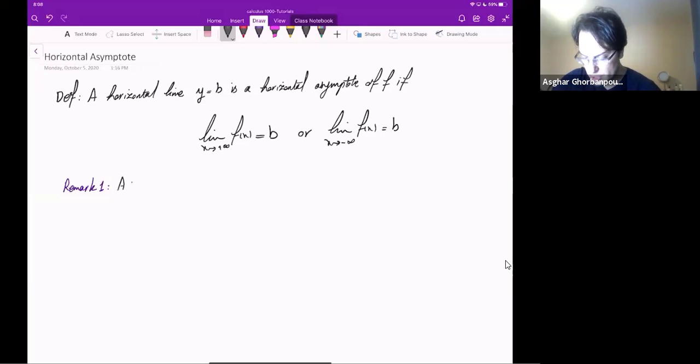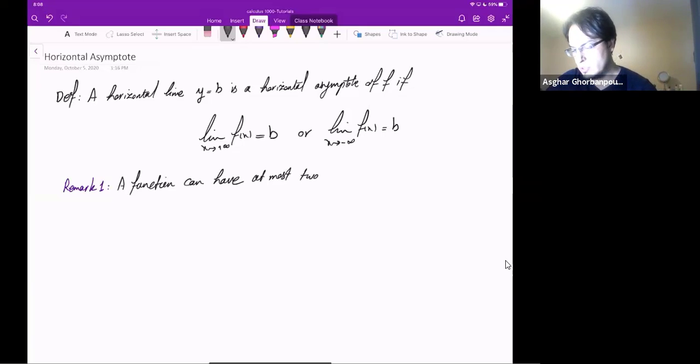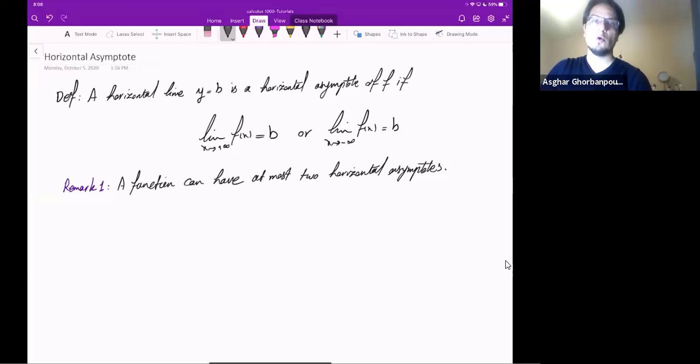So a function can have at most two horizontal asymptotes. There is no function with three horizontal asymptotes. Functions can have either no horizontal asymptote, one horizontal asymptote, or two horizontal asymptotes.